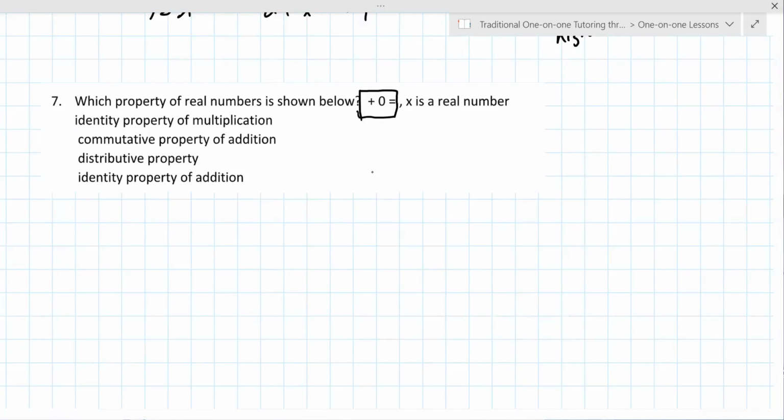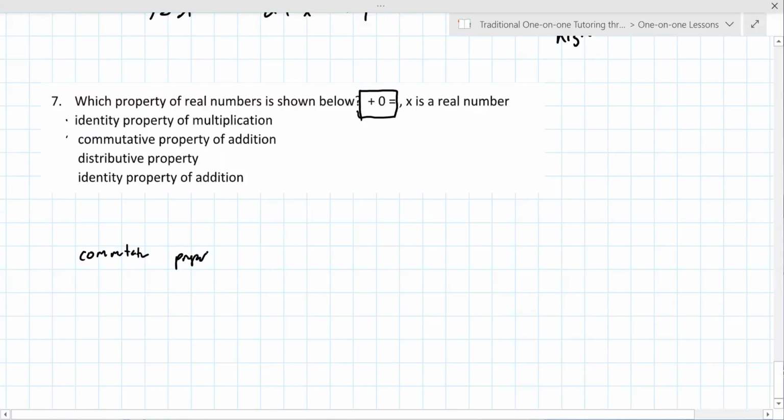Okay. Actually, hang on. Let's do it differently. I want to show you what each of these properties are, and then you look at yours and decide which one is correct. So we're going to start with the commutative property of addition.